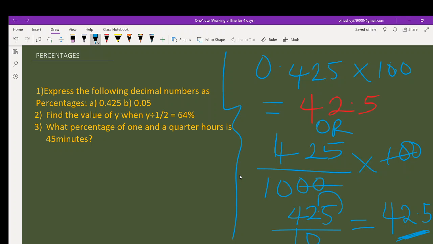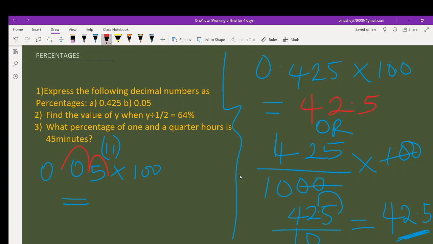The next one, which is 2, is 0.05. That will be times 100. And that simply means moving two places: 1, 2.